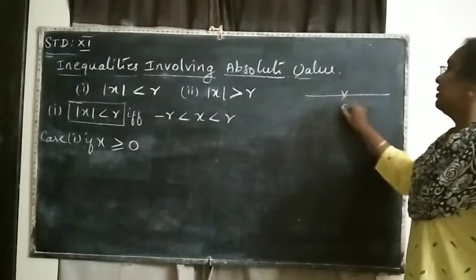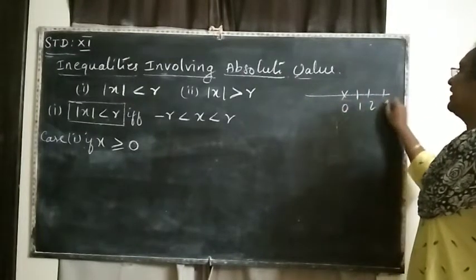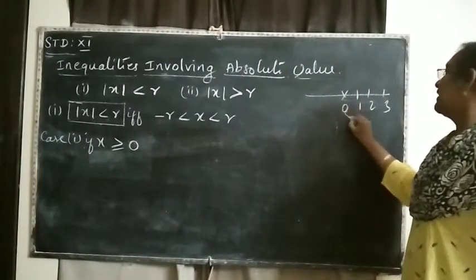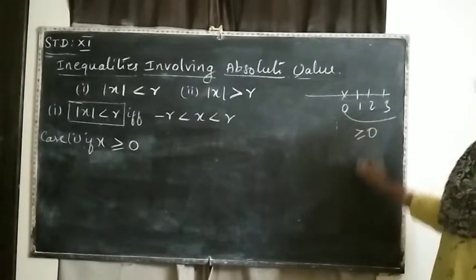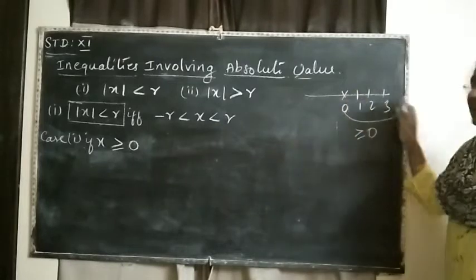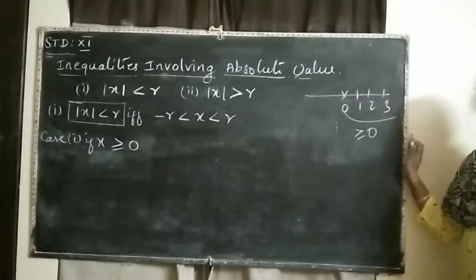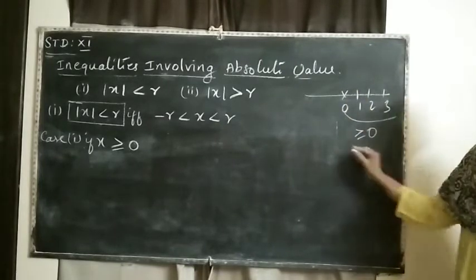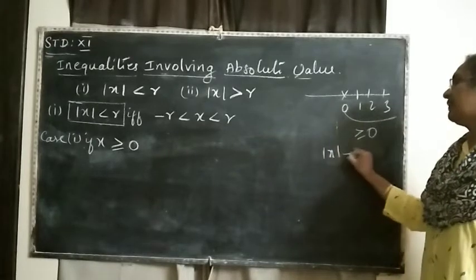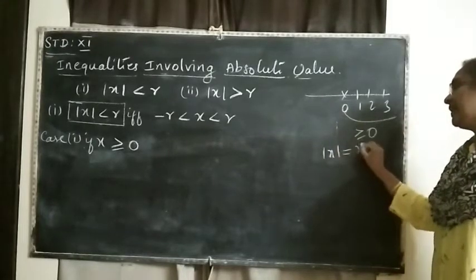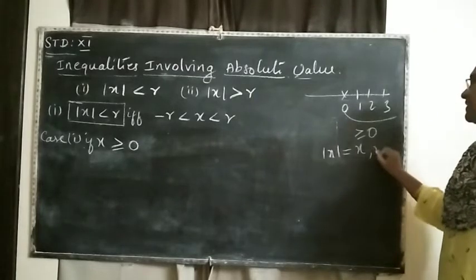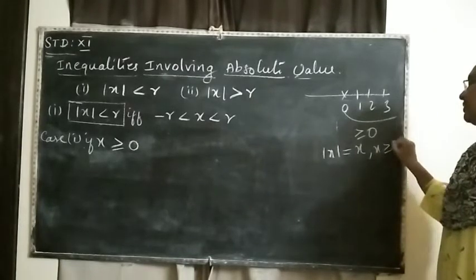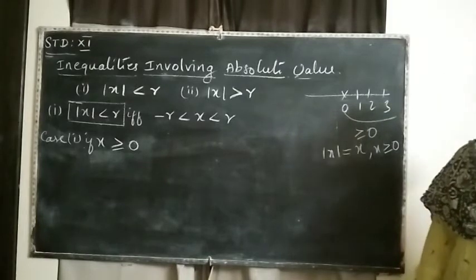Now look at this, 0 இருக்குது, இந்த சைட் 1, 2, 3ன்னு இருக்குது இல்லையா? ஸோ ஜீரோலேருந்து இந்த சைட் வரக்கூடிய நம்பர்ஸ் எல்லாமே greater than or equal to 0 வா? அப்போ இந்த சைடில் இருக்கிற எல்லா நம்பர்ஸுமே பாசிட்டிவாக இருக்குமா? அதுதான் நம்ம சொன்னோம், modulus of x ஓட வேல்யூவை ப்ளஸ் x ன்னு எழுதிக்கலாம், எப்போ x ஓட வேல்யூ greater than or equal to 0 ஆக இருந்தா.